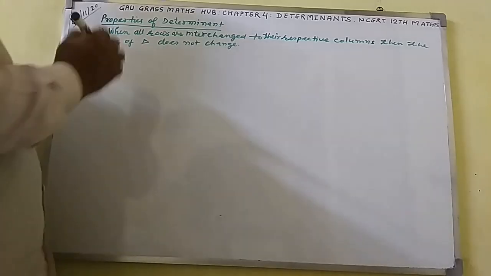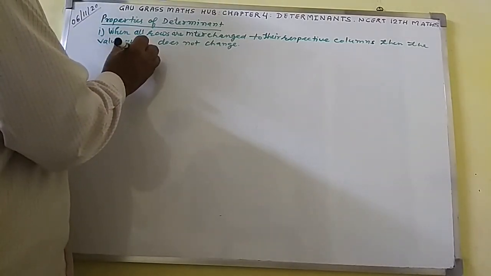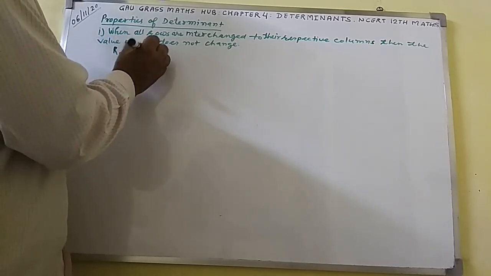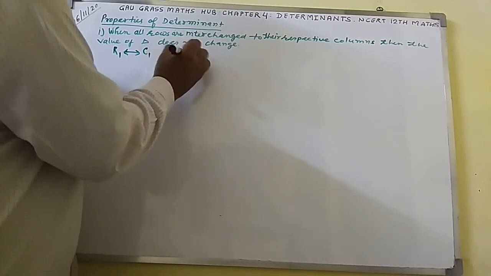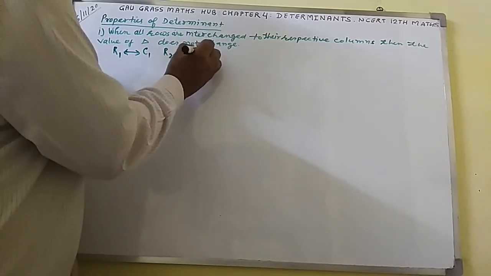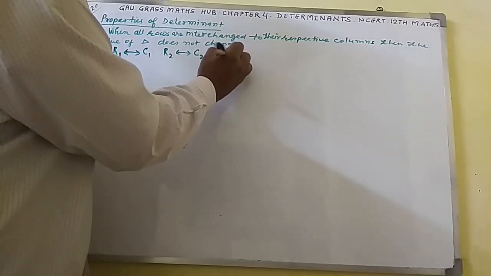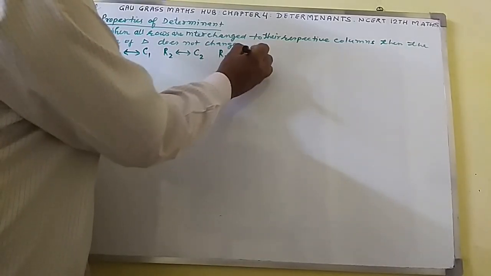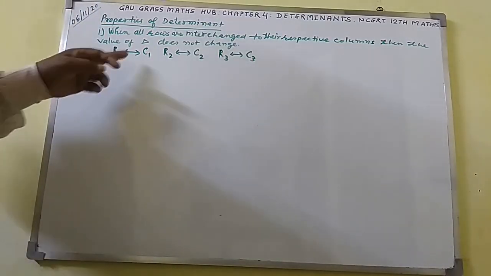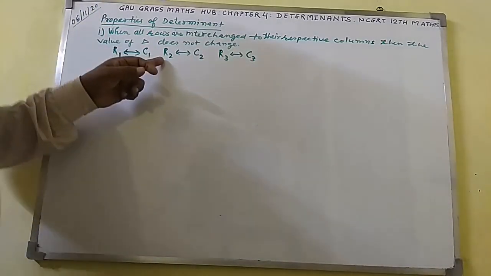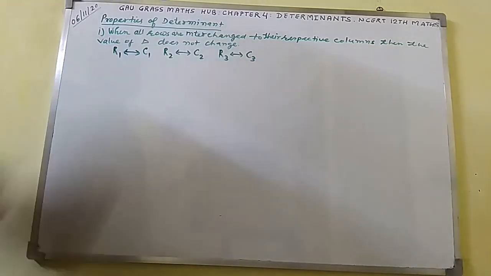So this means that R1 interchanges to C1, R2 interchanges to C2, R3 interchanges to C3.